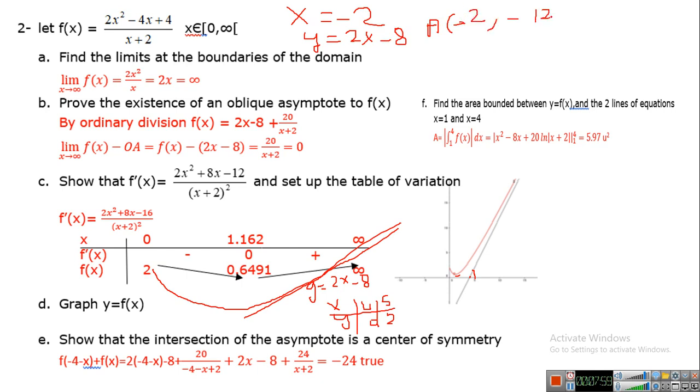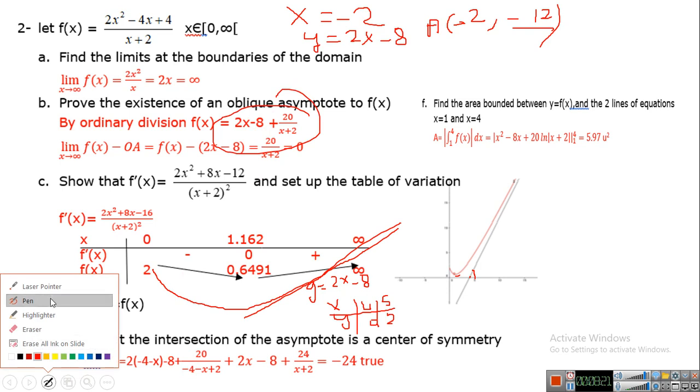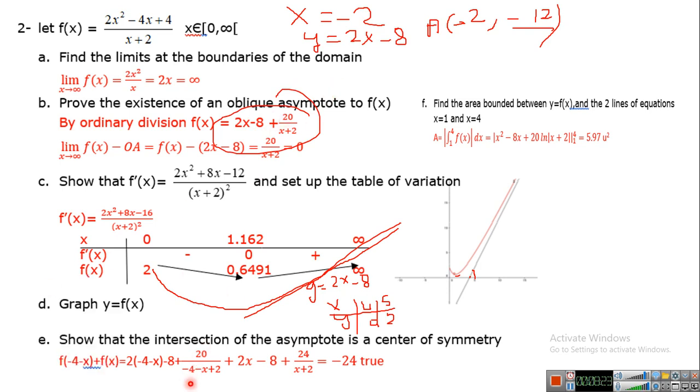So the formula says that f of 2a minus x plus f of x equals 2b. A is minus 2. So 2a, it will be f of minus 4 minus x plus f of x must be equal to 2b, which is minus 24. So we go here, we replace x by minus 4 minus x here, in parentheses, as you can see, minus 8 plus 20 over minus 4 minus x plus 2 plus f of x.